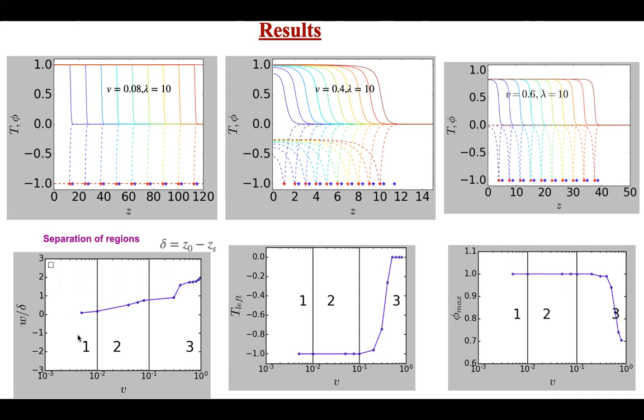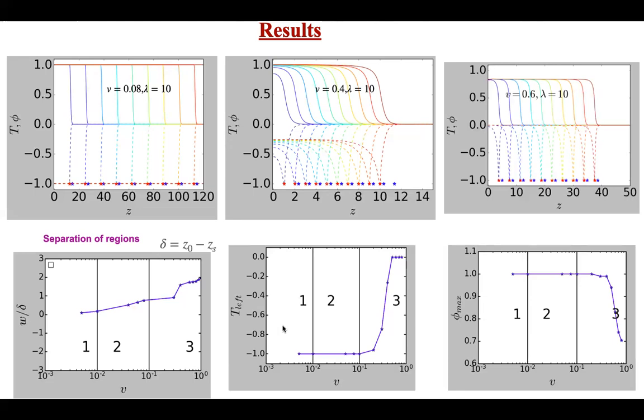Region 1 represents the region where W is much smaller than delta, and region 3 is where W is much larger than delta, and region 2 is an intermediate region where W and delta are comparable. And here region 1 is the region where we have a boundary layer separation.